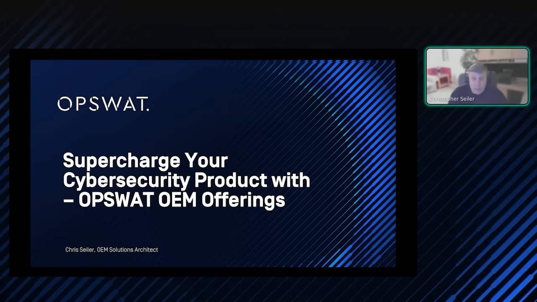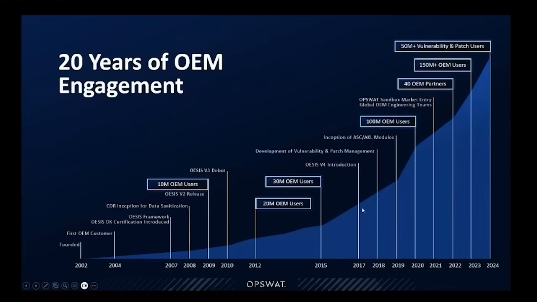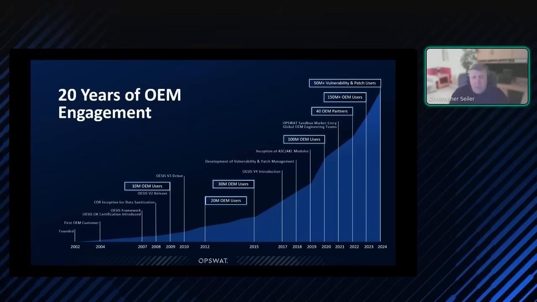I'm the OEM Solutions Architect, and I will be presenting you some of the technologies that we have available to make your products better. To begin with, OPSWAT has been in business since around 2002. In 2004, we released the first OEM product to our customers, and this product was used to do device posture checking on endpoints to make sure that those endpoints were working correctly.